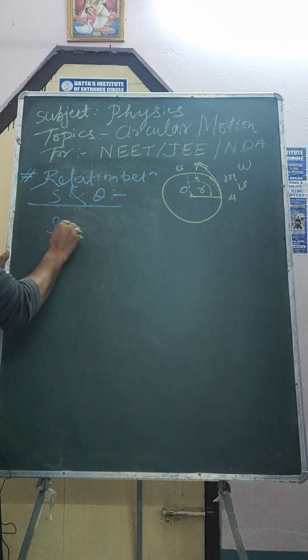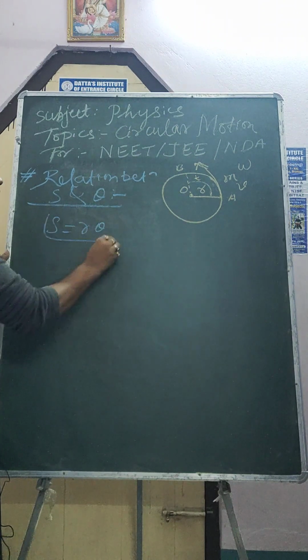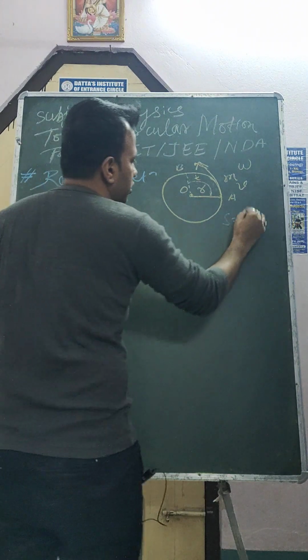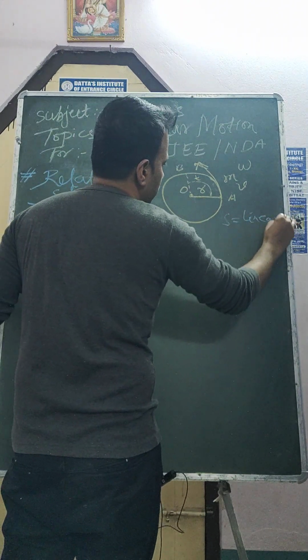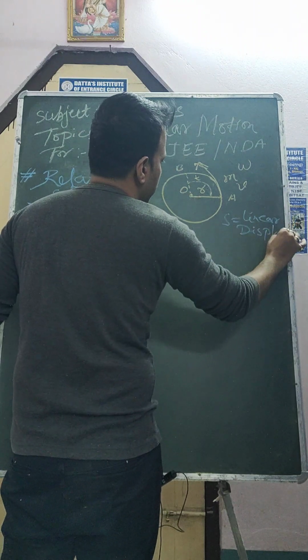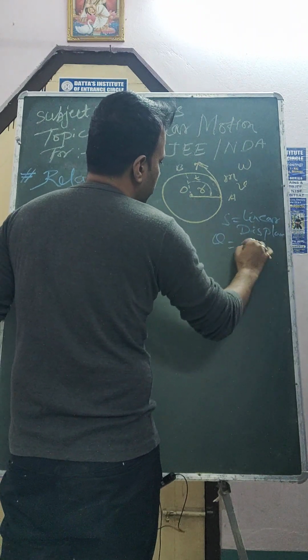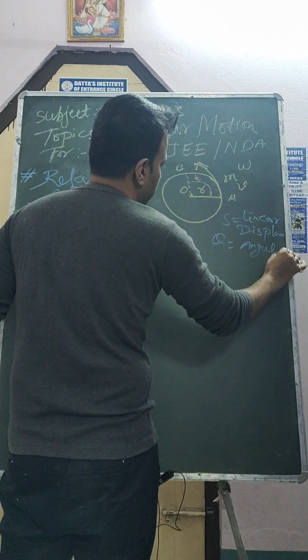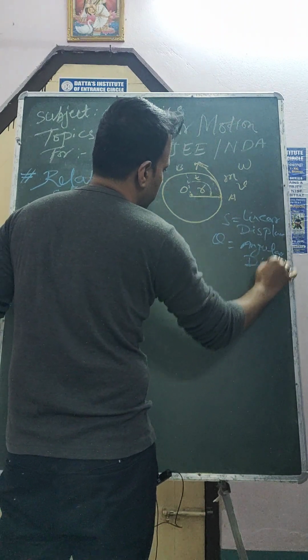Okay, so s is equal to r theta. Here s is linear displacement, theta is angular displacement. Okay, fine.